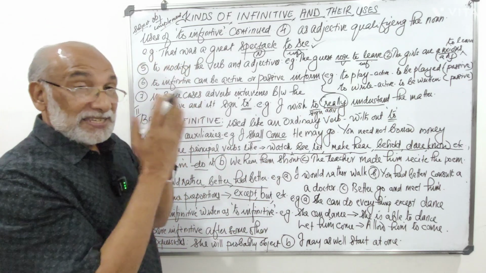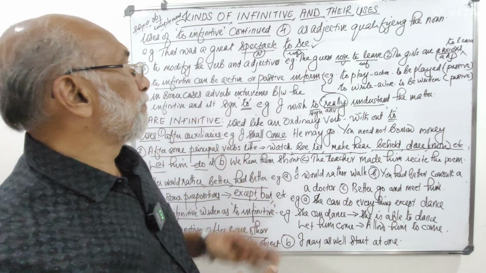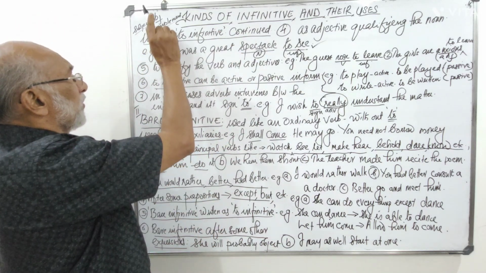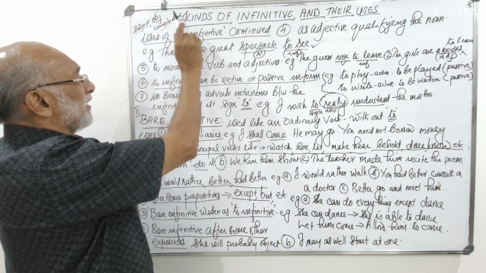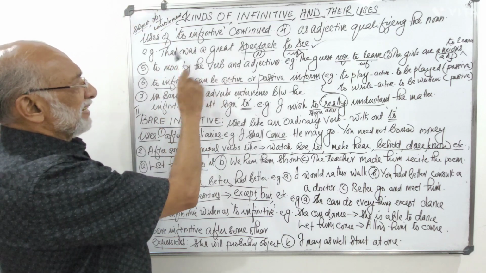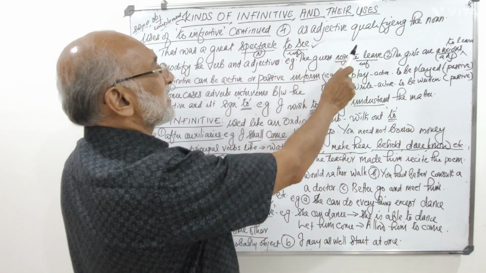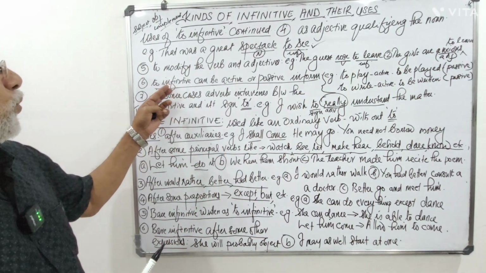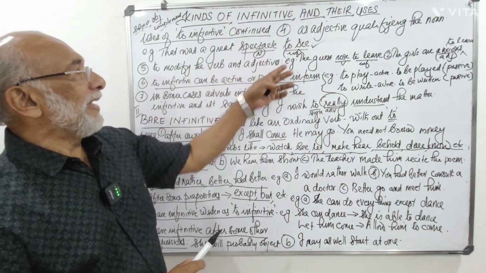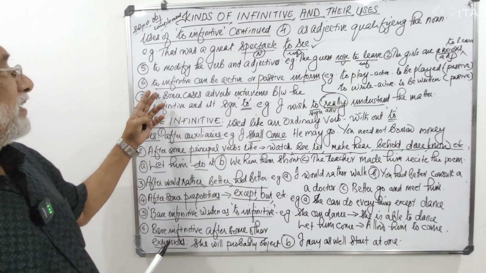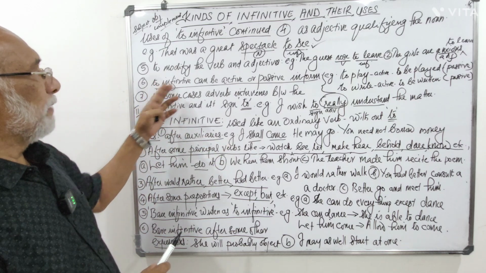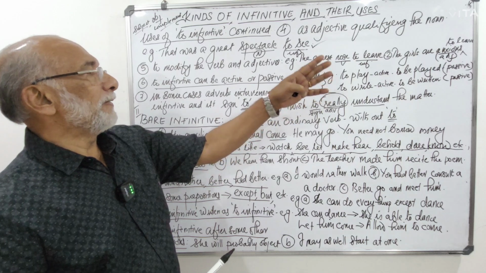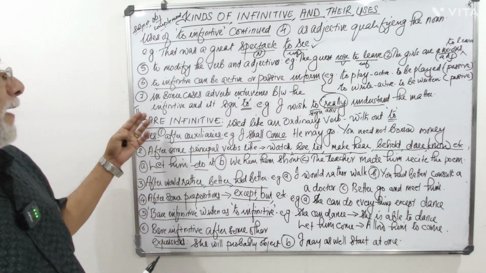Okay, these are the seven uses of to-infinitive. They can be used as the subject of a verb, object of a verb, and complement. Then it can be used as an adjective qualifying the noun. Then it can be used to modify the verb and adjectives, and it can again be used in the active and passive voice at the same time.